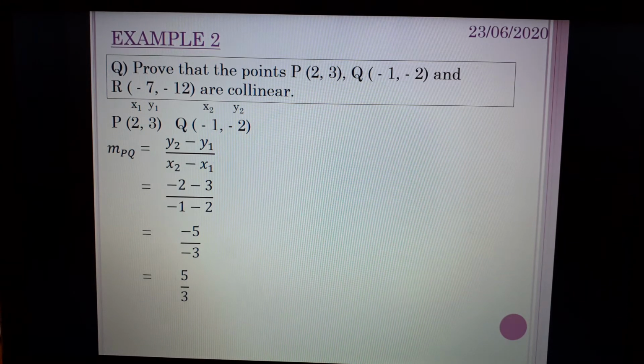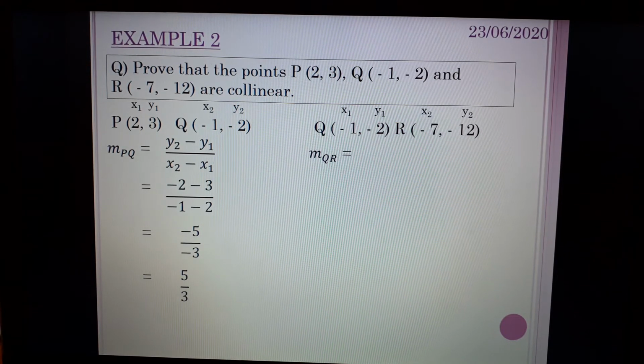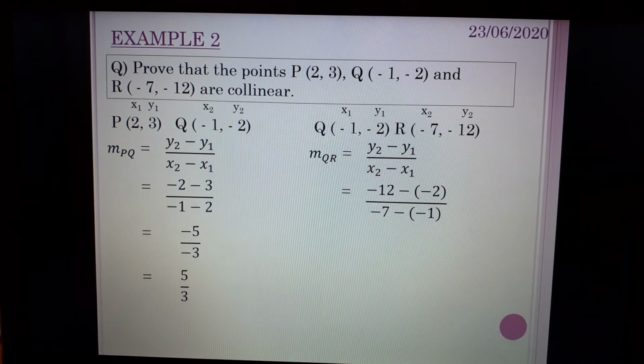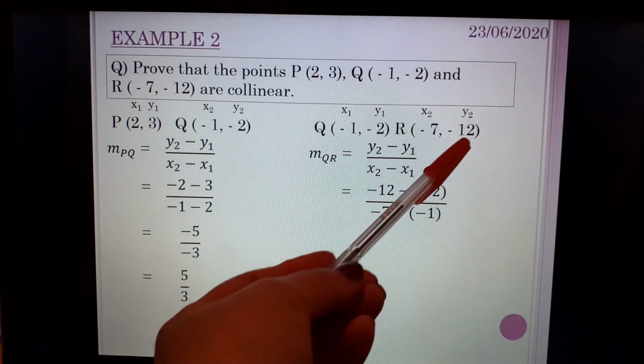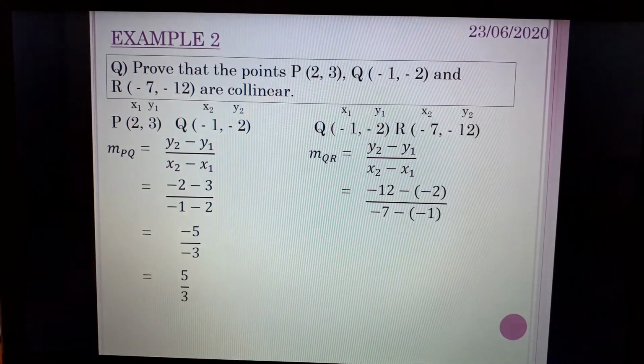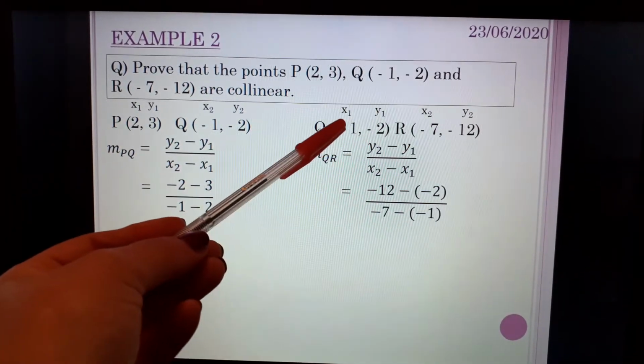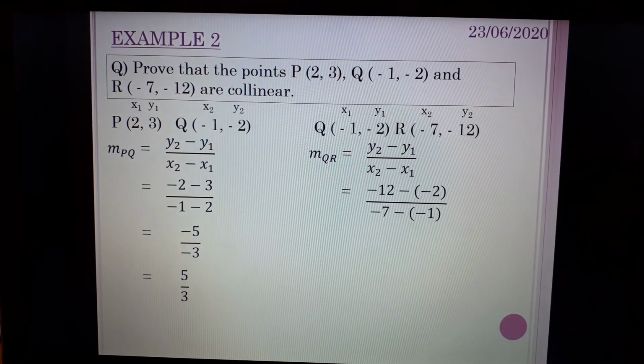Okay. Now we've looked at the gradient from P to Q. Let's see what the gradient is from Q to R. Do exactly the same thing. So we're going to work out the gradient here. We have minus 12. Watch out for the double negative. Minus 12 minus minus 2, and minus 7 minus minus 1. Watch out for your double negatives there.